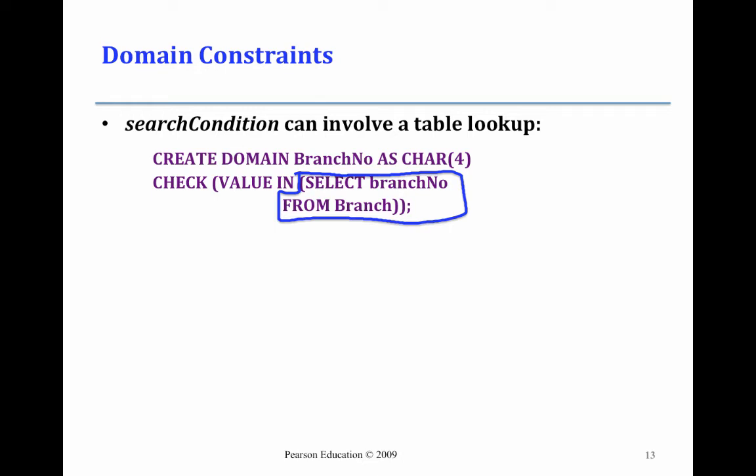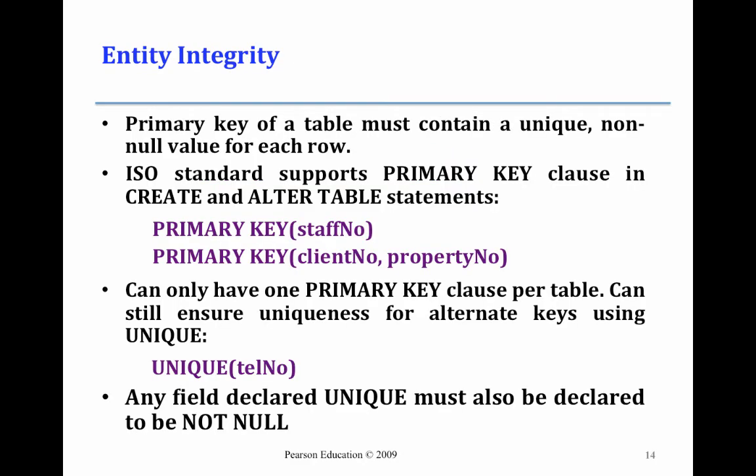And what's nice is that if we add a new branch to our organization, then the domain automatically has this value added to it. So it's not static like you have with physically enumerated ones. So that was domain constraints.